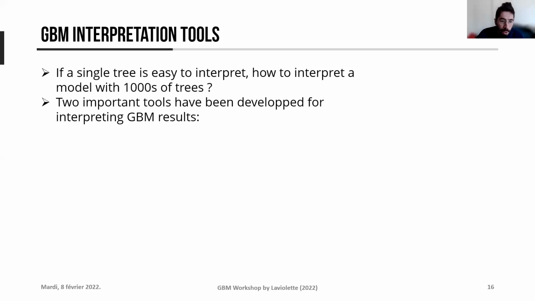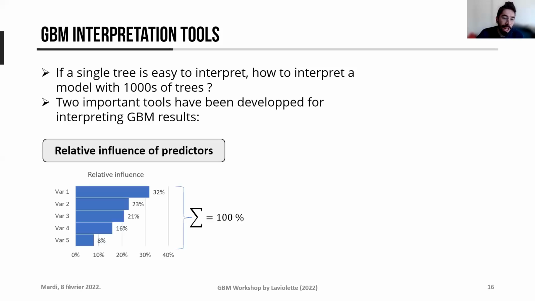The first tool is to evaluate the relative influence of the predictors that we input in our models. As I said before, in gradient boosting, you cannot statistically test the significance of your variables. But what you can do is rank those variables based on their importance in the model. And how is their importance calculated? I'll get to that on the next slide.